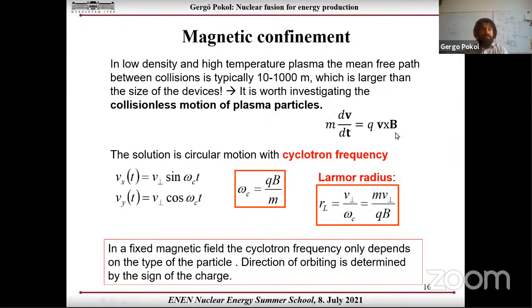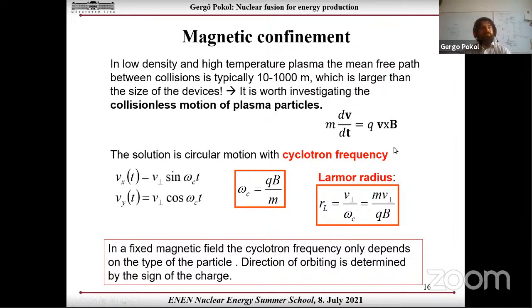I mean, this is just the equation of motion without any collisions, just free motion of a charged particle in a magnetic field. And you can see that the force governing the motion is the Lorentz force. And it's a very nice force. It's perpendicular to both the velocity of the particle and the magnetic field.